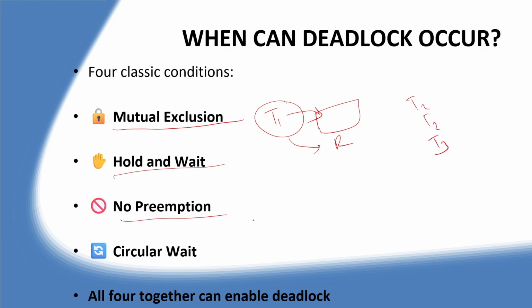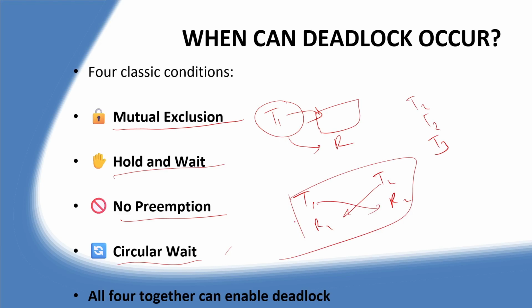And the fourth is circular wait. A cycle exists where threads are waiting for resources held by each other. We have seen in the example, right? There were 2 threads and both were waiting for each other's resources. So this was circular waiting, circular dependency.